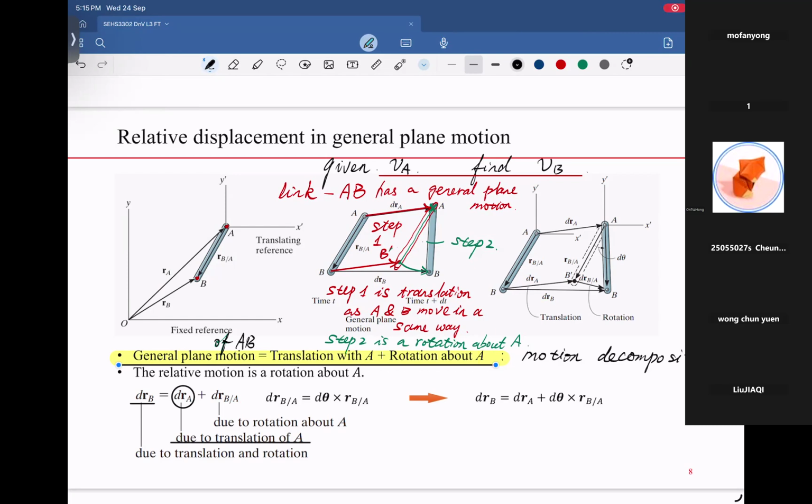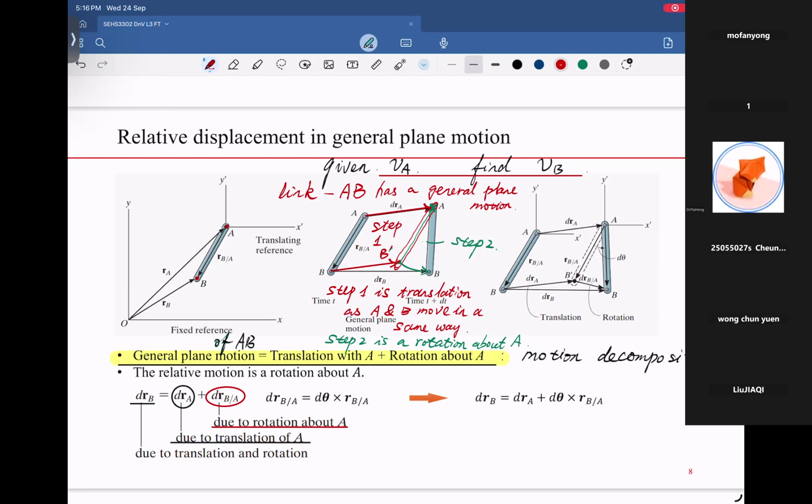And then B prime has a curved motion about A. Therefore, we have the second part due to the rotation of the rigid body, which is B rotating about A.